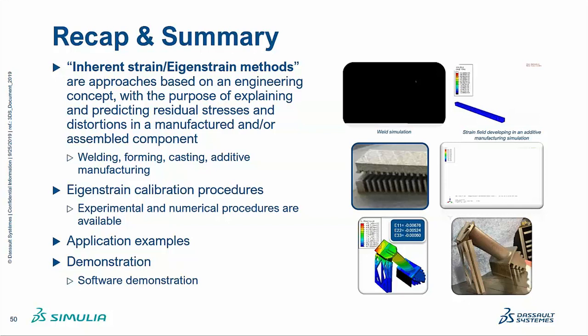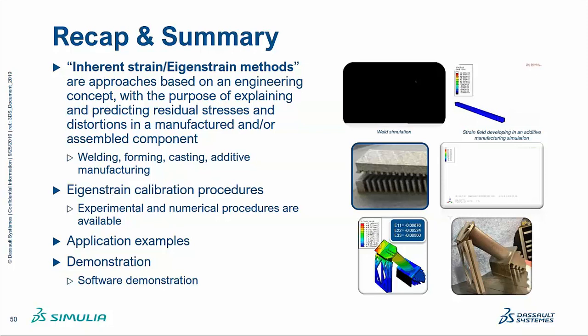We had a brief look at some application examples, the turbine blade and the triangular part that we looked at, and we discovered that there is good agreement between the approximation given by the eigenstrain method and the physical testing and the thermomechanical analysis, but we have to accept that the eigenstrain method is an approximative method, so there may be some differences there.